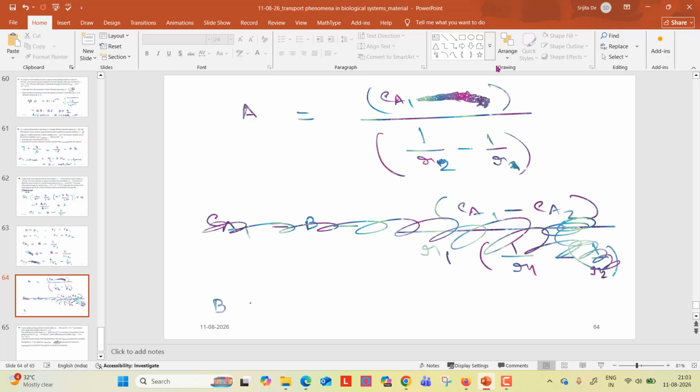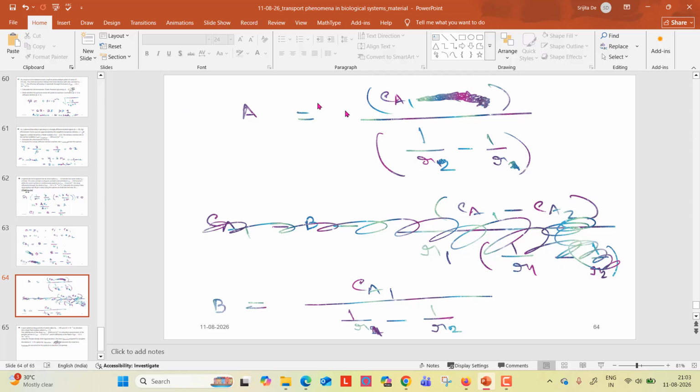So you can write it as minus CA1 divided by 1 by R1 minus 1 by R2. We are taking the minus here.